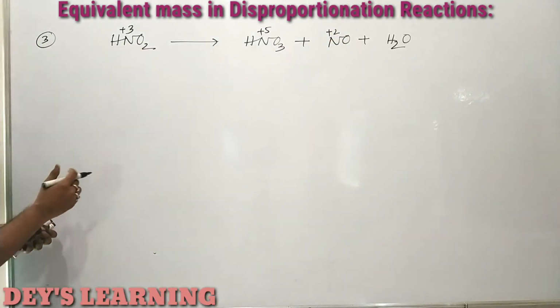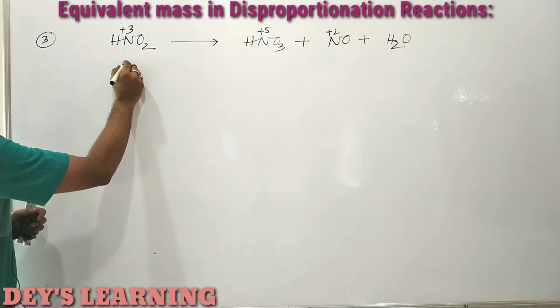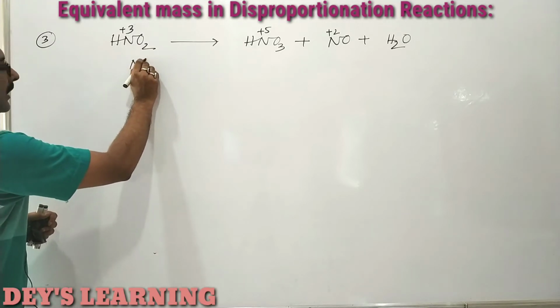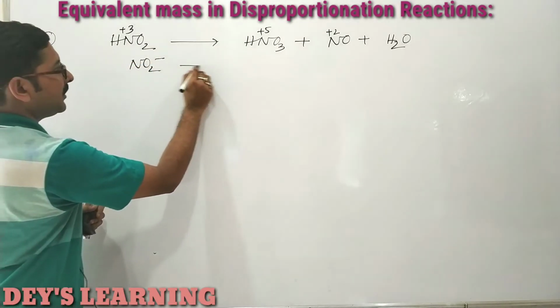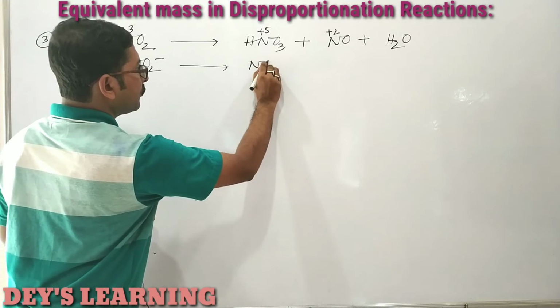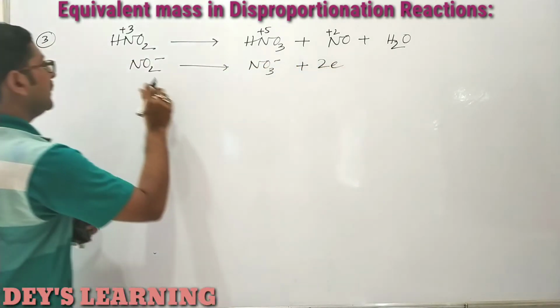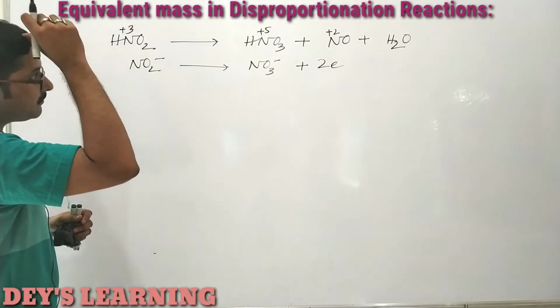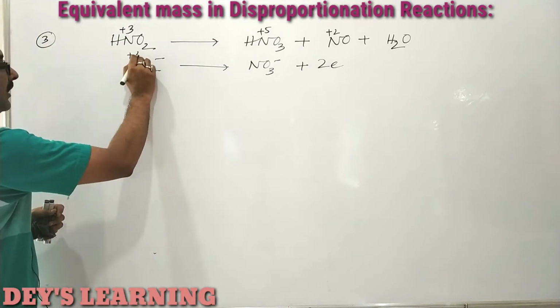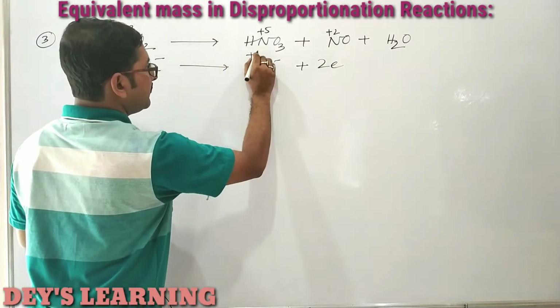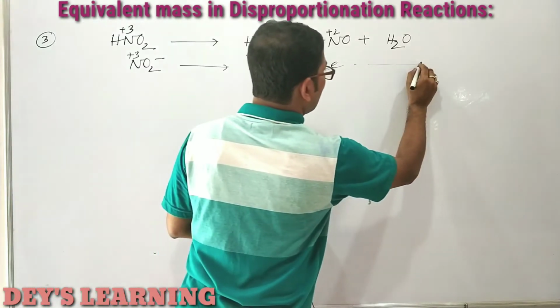So we can think of this reaction in this way: NO2 minus releases 2 electrons to form NO3 minus plus 2 electrons. Here it is +3 and here it is +5. This is your equation number 1.